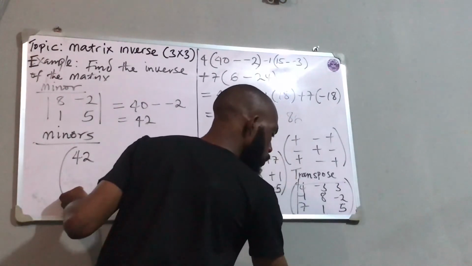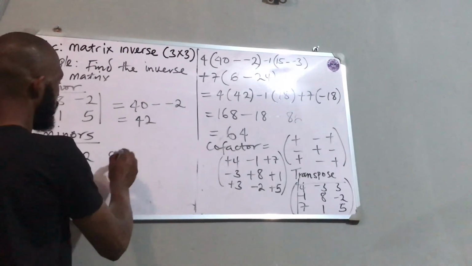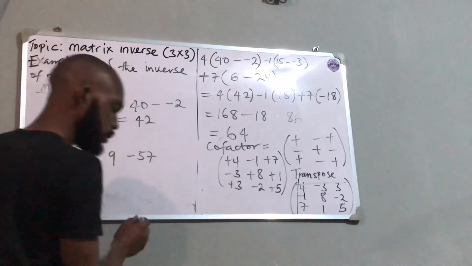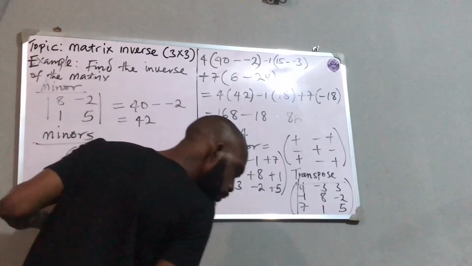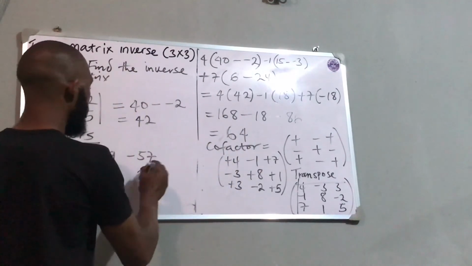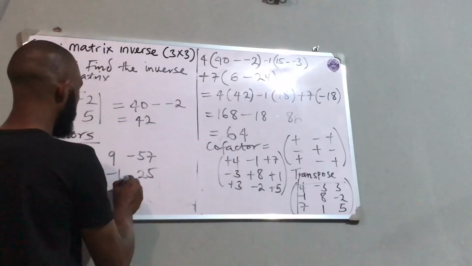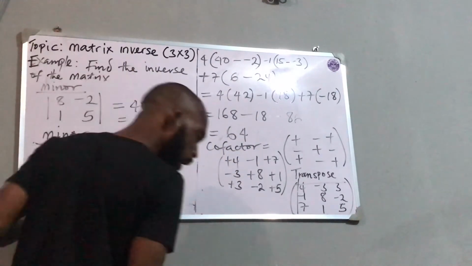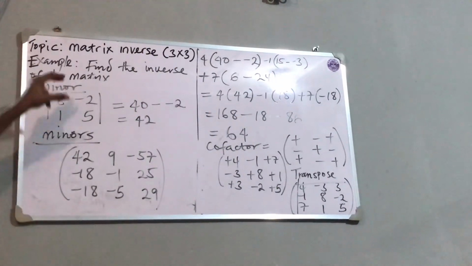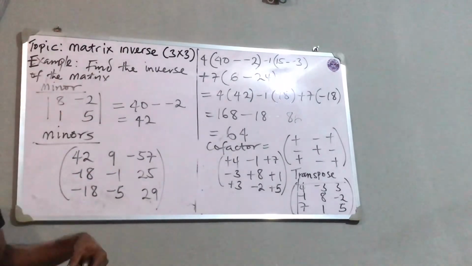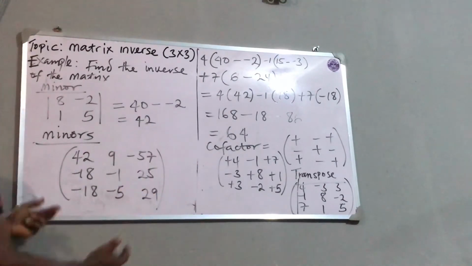Next one we take 9, minus 57, minus 18, minus 1, 25, minus 18, minus 5, and 29. So this will be the minor for this matrix B. So if you try it, you get all these values for the minor.